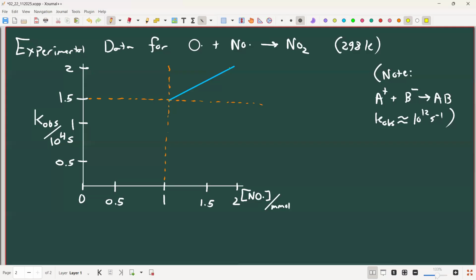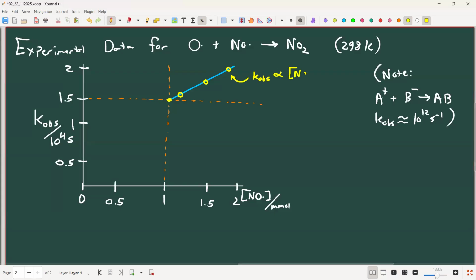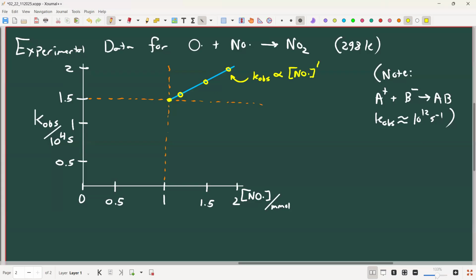So we have some points here, and it's a beautiful straight line, right? So this says that the observed rate is proportional to the concentration to the first power. Okay, first order. It's exactly what we would expect.